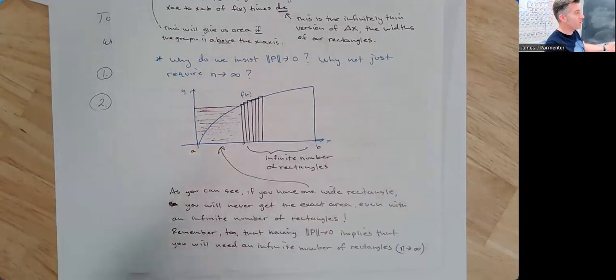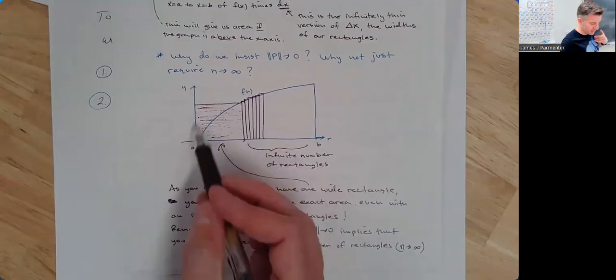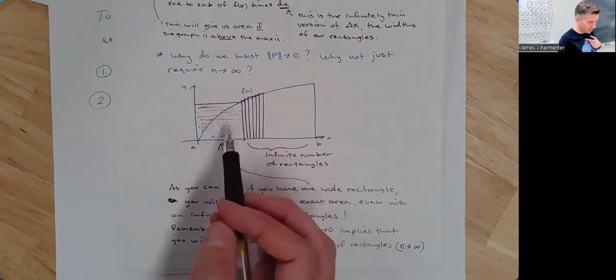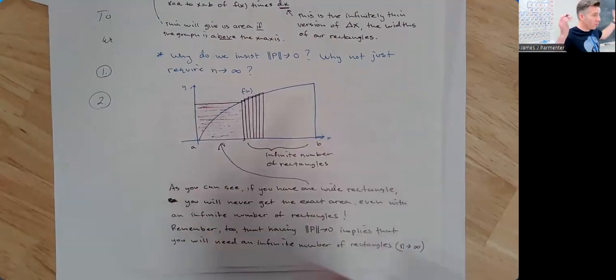So the number of subintervals approaches infinity, but the norm is not approaching 0 because this particular subinterval always has the same width. And then you're always going to be off by this amount here. So that's why we also need the widths of all the subintervals to get smaller and smaller.